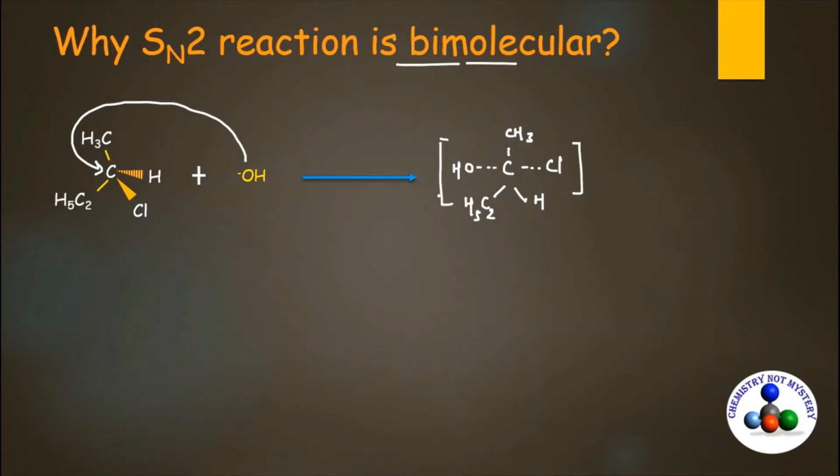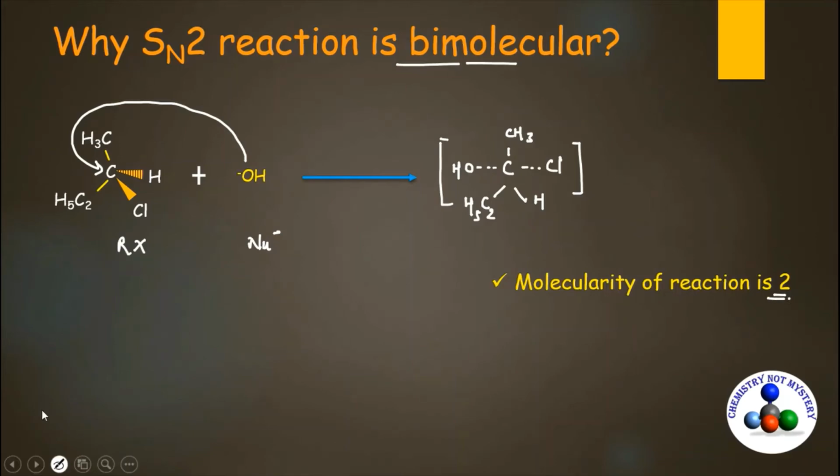For the formation of this transition state, we require two molecules. One of RX and other is nucleophile. So you can see for the completion of this reaction, two molecules are required. That's why the molecularity of this reaction is 2.